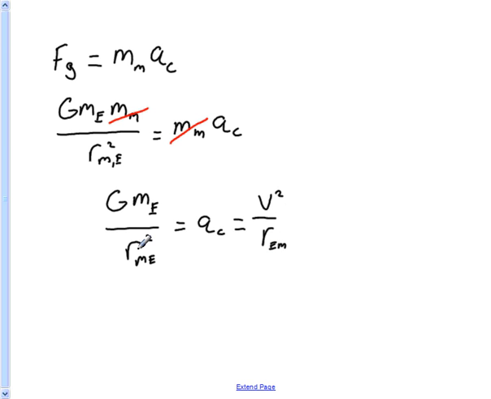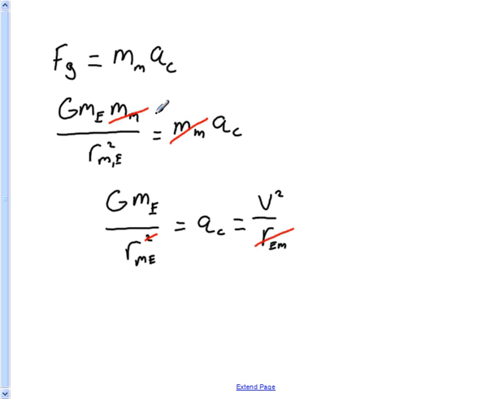So again, what you might notice is that we have r's on both sides. Now, they're not going to completely cancel out. We have one that cancels out here and one that cancels out here. So we actually still have that distance here. And it makes sense that the further you go out, the velocity goes down, right? So you don't have to move as fast as you go out. But also notice that the speed that you have to go has nothing to do with your mass.